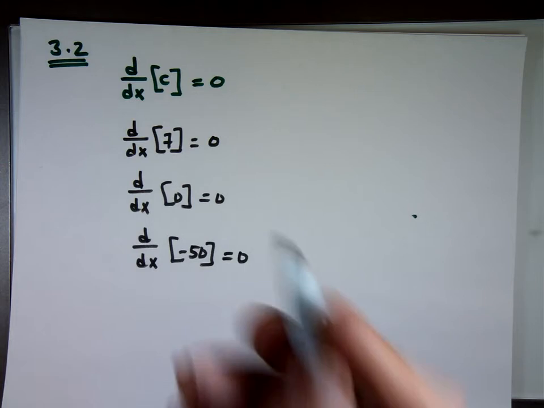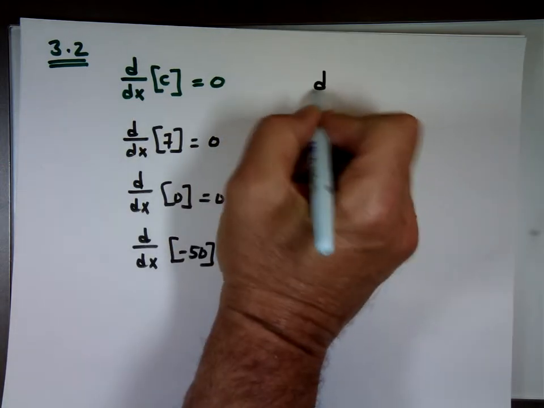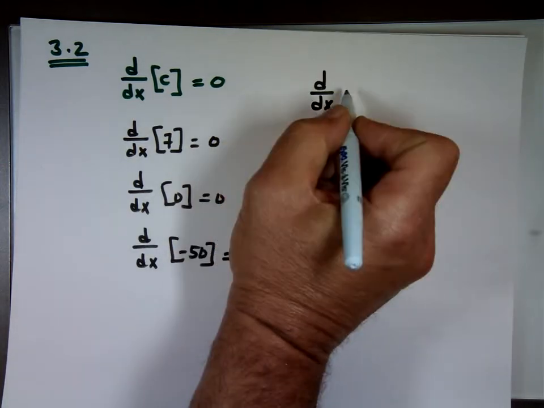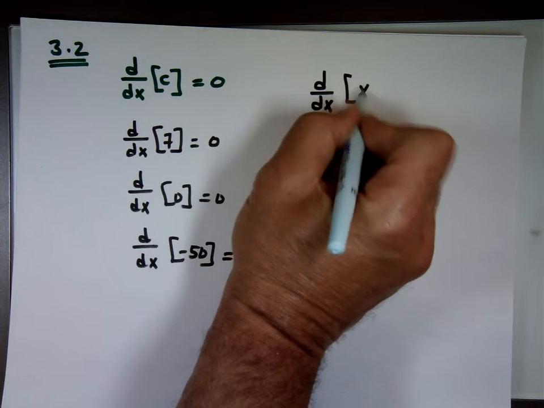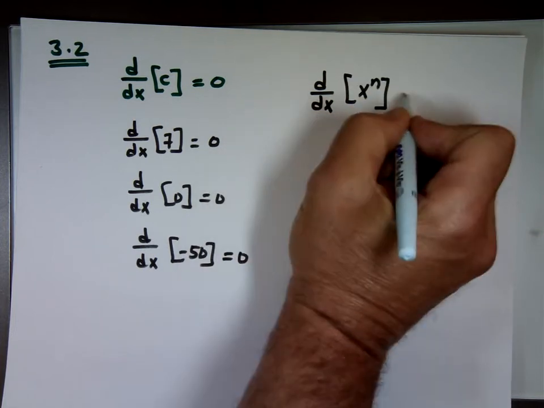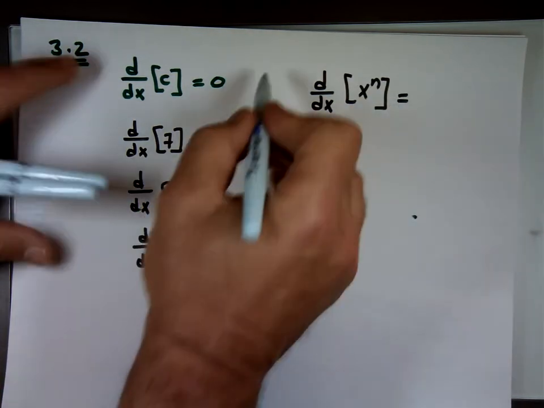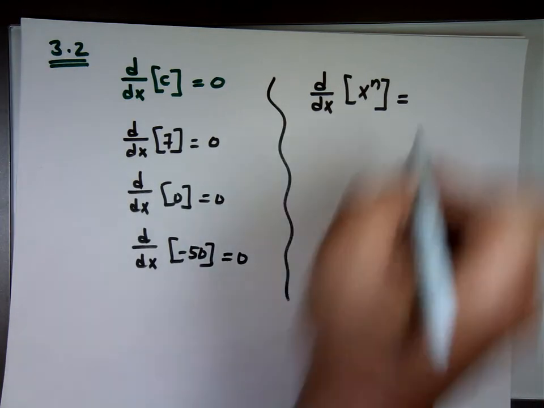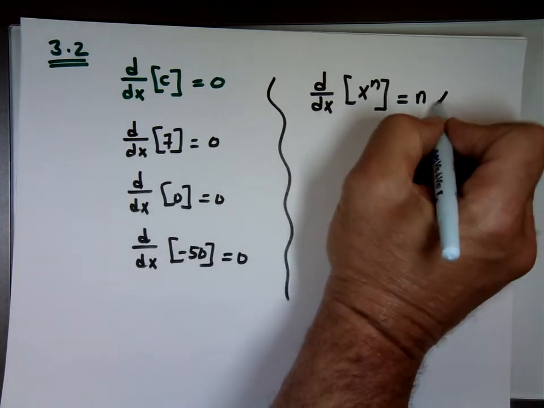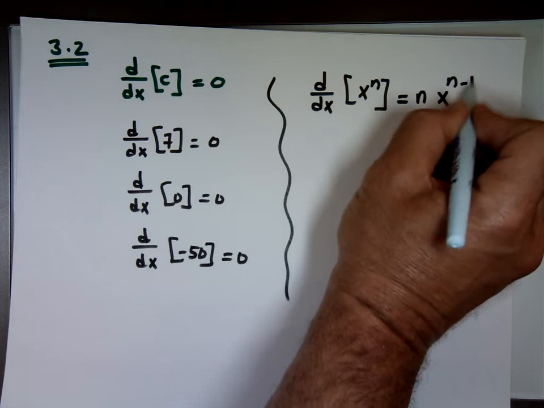The other one, the derivative of x to the n is what? N times x to the power of n minus 1.